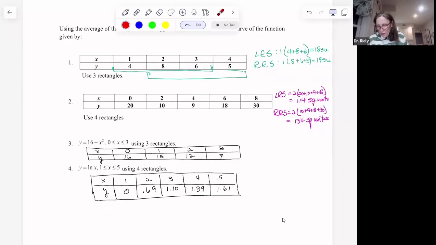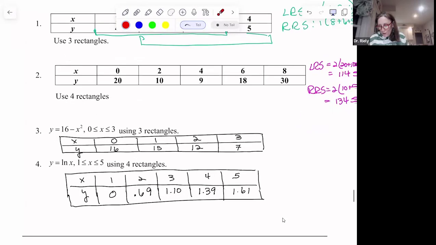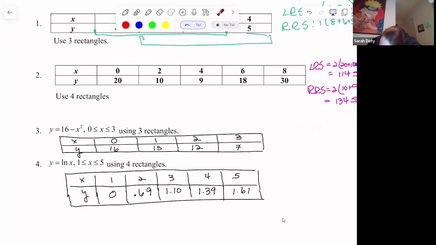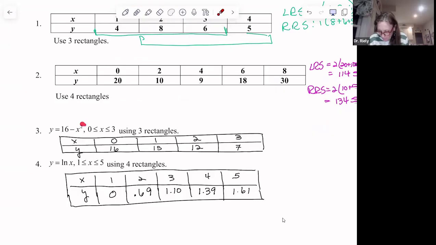If I'm going to use 3 rectangles, I need an XY box and I'm going to need 4 other boxes. You know you're going to go from 0 to 3. If I'm using 3 rectangles, I'm going up by 1. So 0, 1, 2, 3. Then you can take this equation right here, put that in your calculator in the y1 equals, and then go to the table and get these values for y, or you can do it by hand.